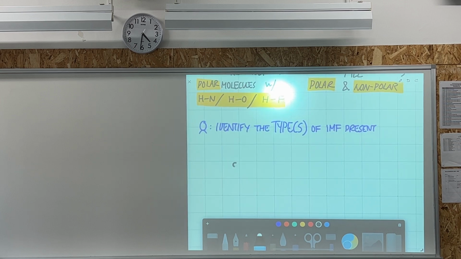Let's take a look at CH4. First of all, is it polar or non-polar? Remember, anything with just C and H in them must be non-polar. So let's write down non-polar molecule. And then we put down a very important note on the side.